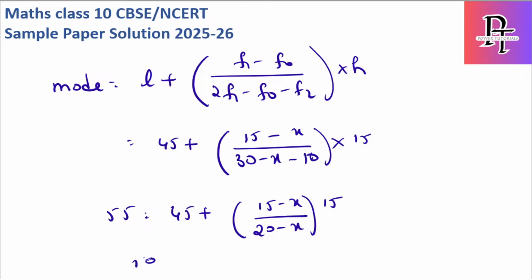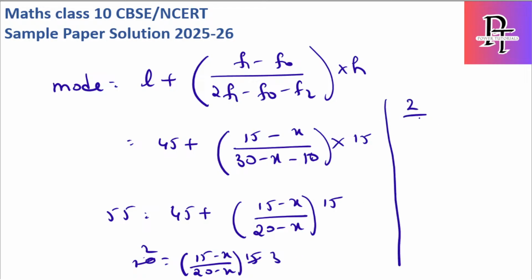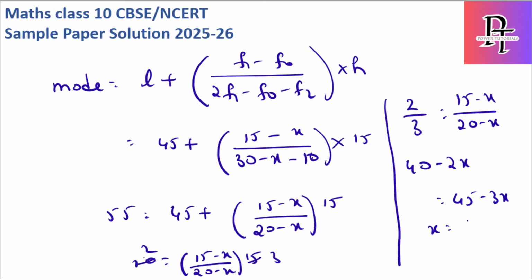So 10 is equal to 15 minus x by 20 minus x into 15. 5 twos, 5 threes. 2 by 3 is equal to 15 minus x by 20 minus x. So this becomes 40 minus 2x is equal to 45 minus 3x. Let's move the x terms to one side and the numbers to the other side. If I move 3x to the other side, it becomes x, 45 minus 40 is 5. So I got the x value as 5.